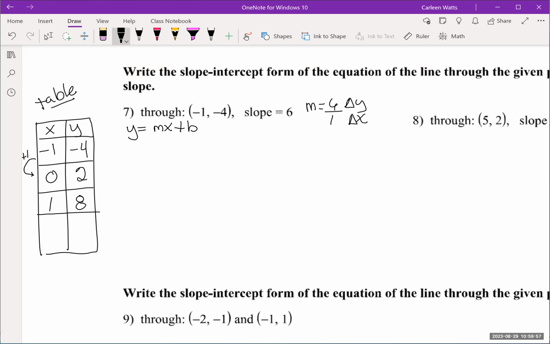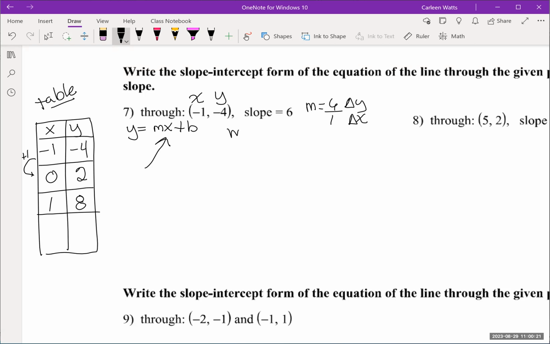Okay. So I'm going to plug in an X and a Y. Notice I have 4 variables here. Which one do I not know? Do I know M? Yeah, correct.